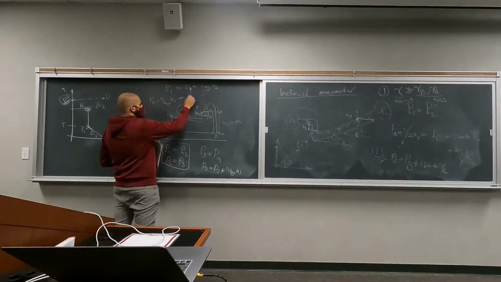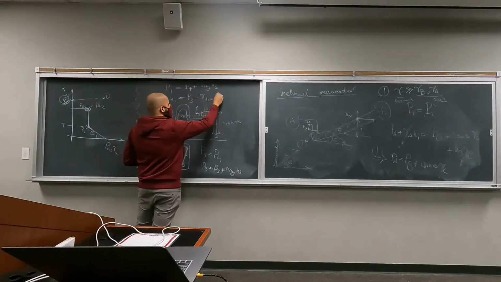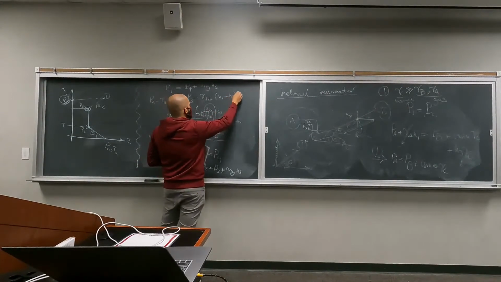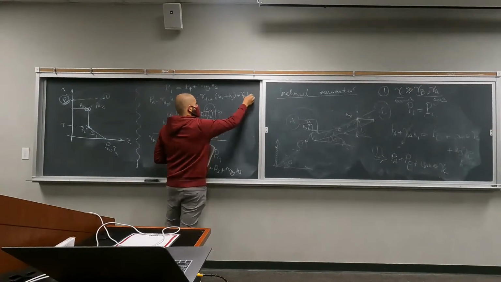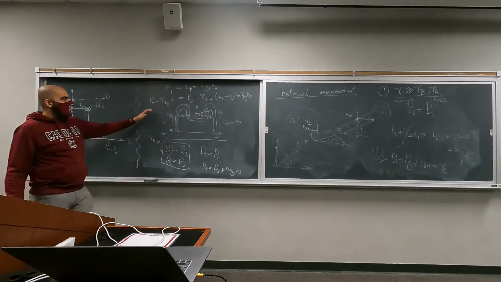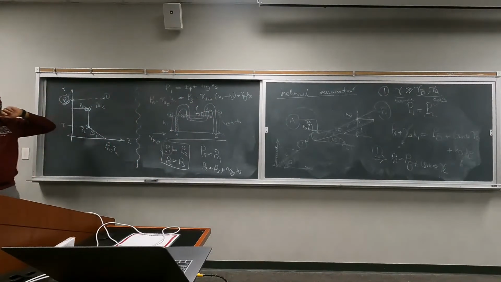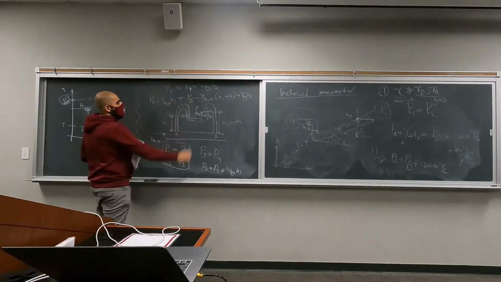So PB minus gamma of water times H1 plus H3, then plus gamma Hg, H3. So we have the gammas. If you have these heights, then we essentially have the pressure difference between PA and PB, the pressure differential.